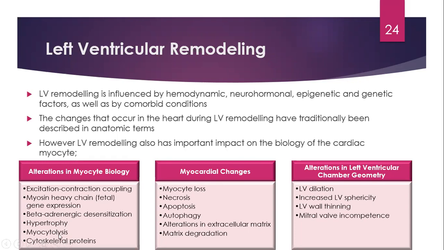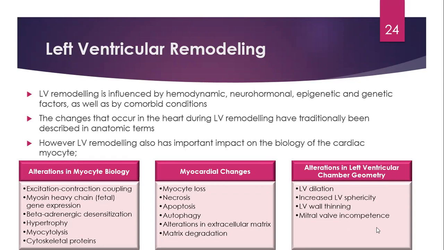Lysis of organelles within the cell, and also alteration in cytoskeletal proteins. All of these occur within the myocyte. In terms of the myocardium itself, you can get loss of myocytes, necrosis, apoptosis, autophagy, and then alteration of the matrix protein by degradation as well.